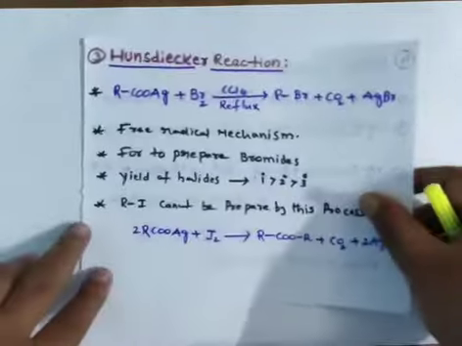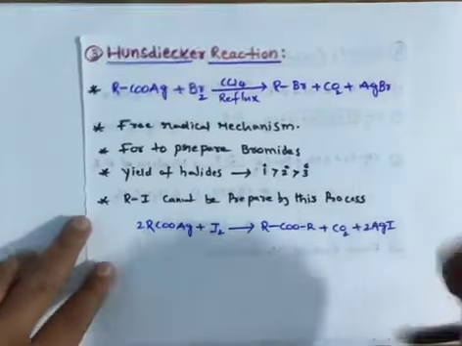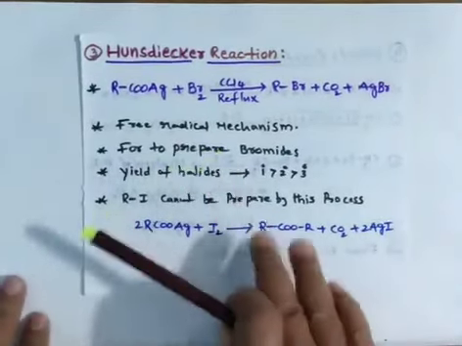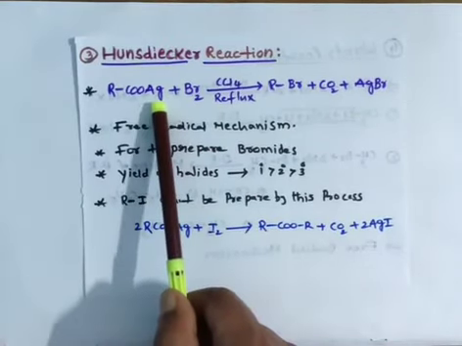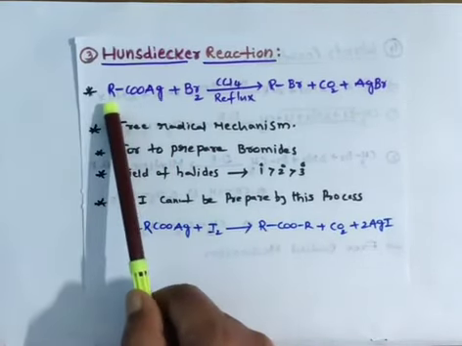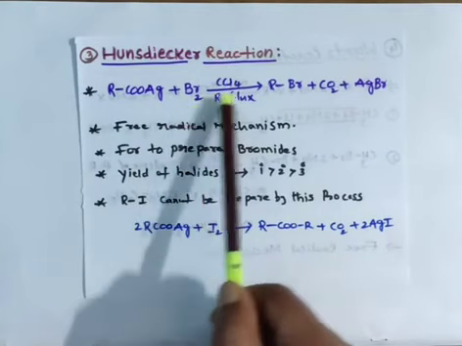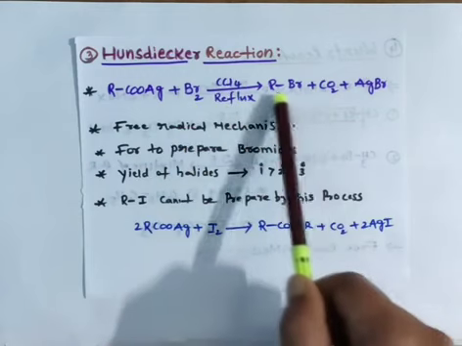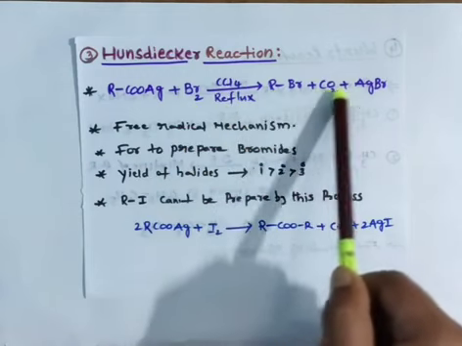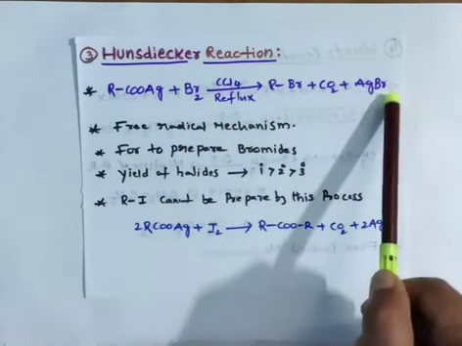Next we have another very important organic method, that is the Hunsdiecker reaction. Here silver salt of carboxylic acid is treated with bromine in the presence of carbon tetrachloride, reflux. You can prepare RBr, with byproducts CO2 and AgBr.